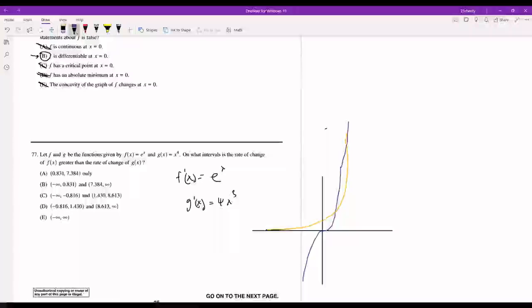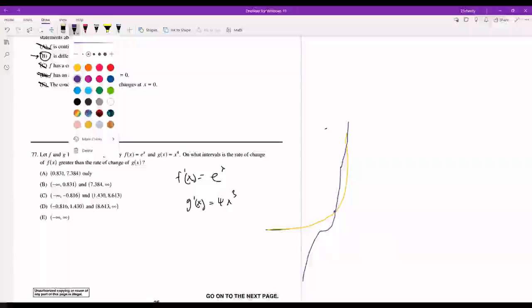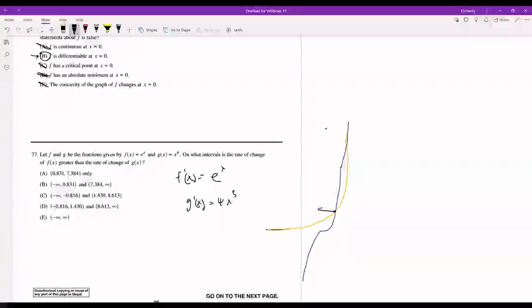So where's the rate of change of e to the x greater than the rate of change of x to the fourth? Well, the yellow one is e to the x, so we can see it's greater from here back to negative infinity, and from here to positive infinity.